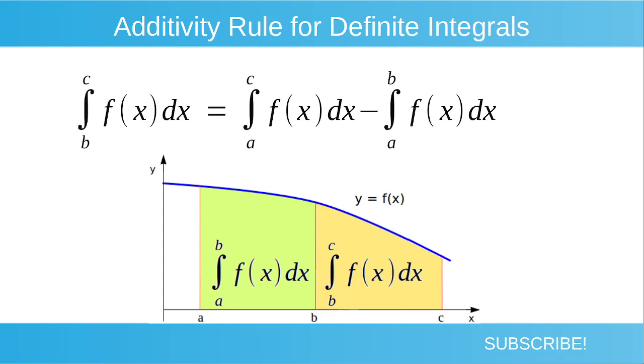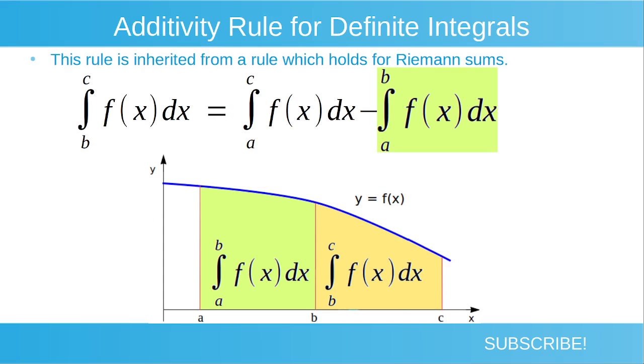When we do that, we can express the integral from b to c of f of x dx, which is equal to the net area for the yellow shaded region, as being equal to the integral from a to c of f of x dx, which gives us the net area for the entire complete shaded region, minus the integral from a to b of f of x dx, which gives us the net area for the green shaded region. We're going to use this rule in this form in our proof of the theorem.